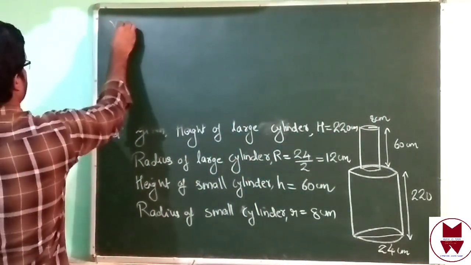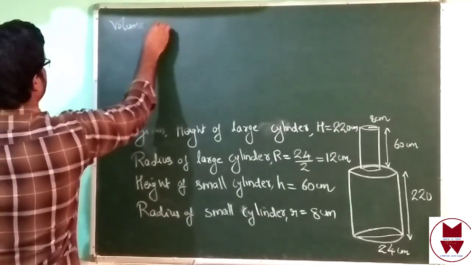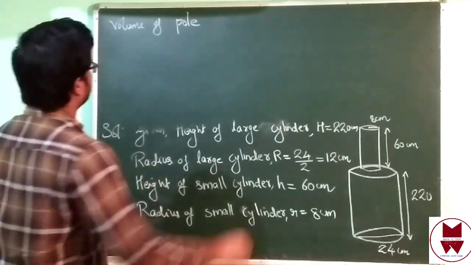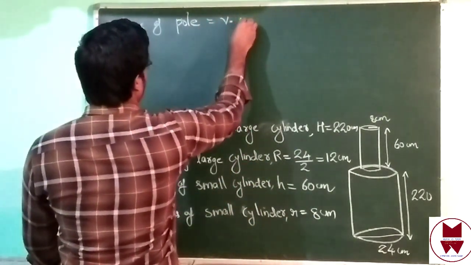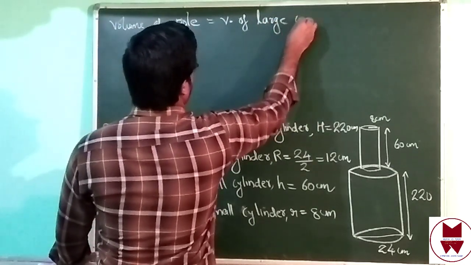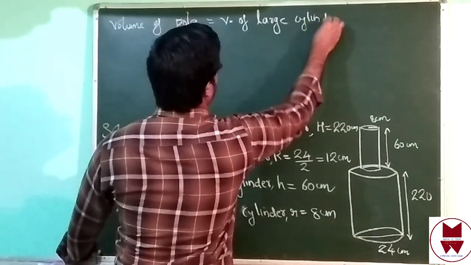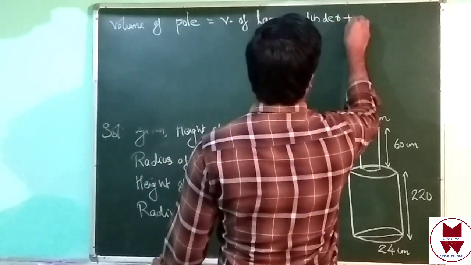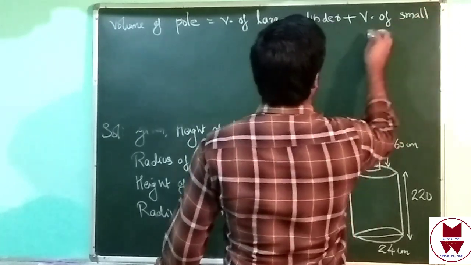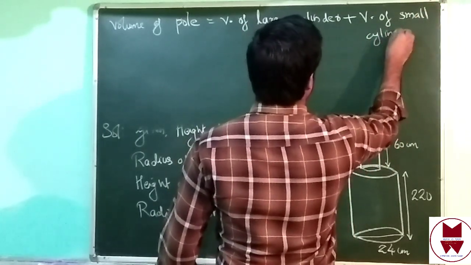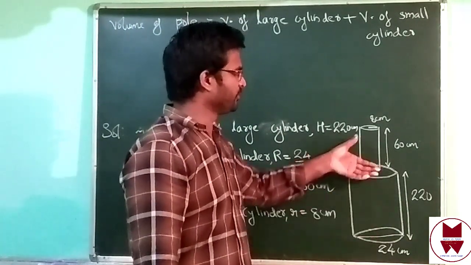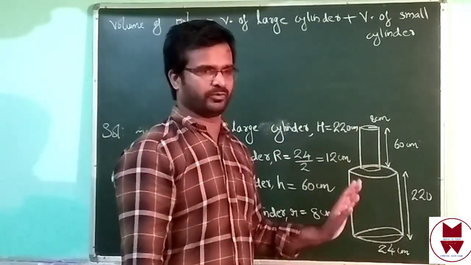Then we can write volume of the pole, meaning the total figure, equal to volume of large cylinder plus volume of small cylinder. If you add the volume of the large cylinder plus the volume of the small cylinder, you will get the total volume, isn't it?